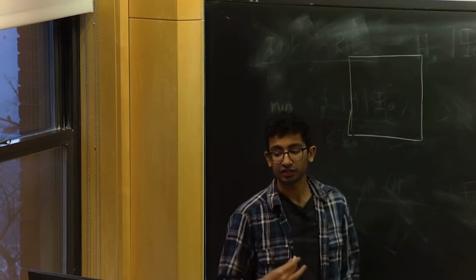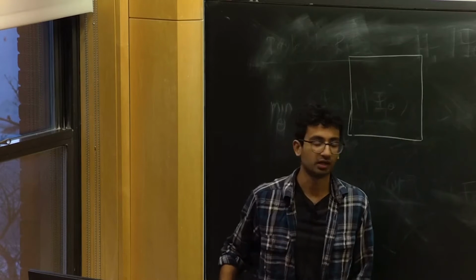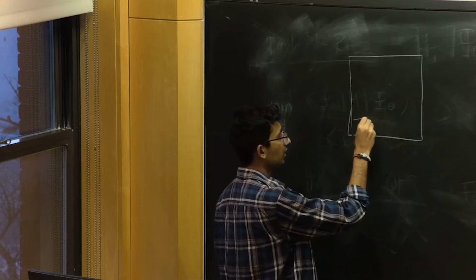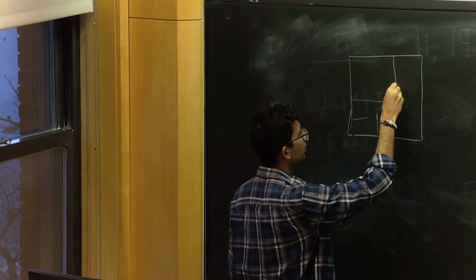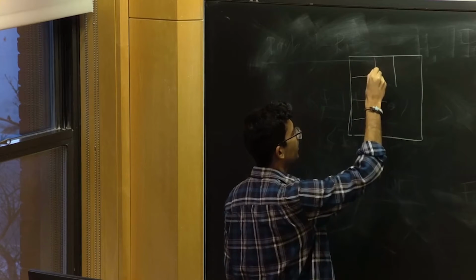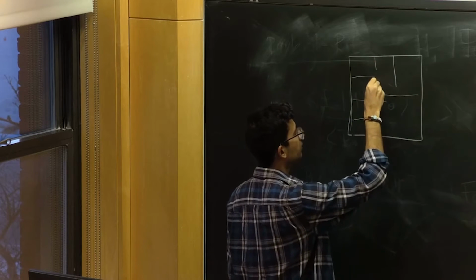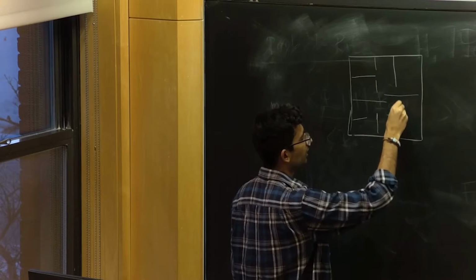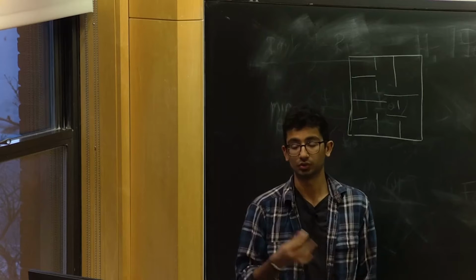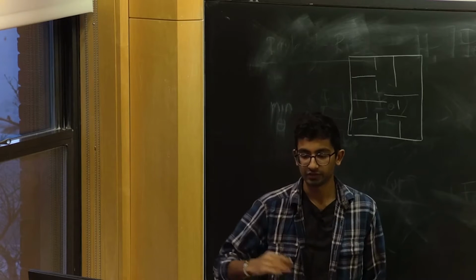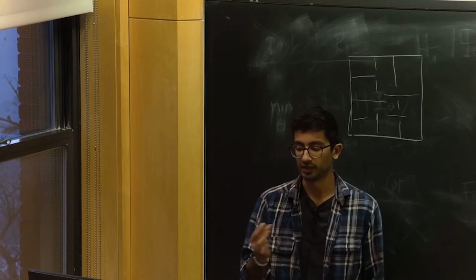It says, let's start out with nothing, just a box, and we will create walls that make this some sort of maze. We place these walls at locations that make this maze interesting, and you eventually find your own solution to that maze. That's the constructive process of maze creation.